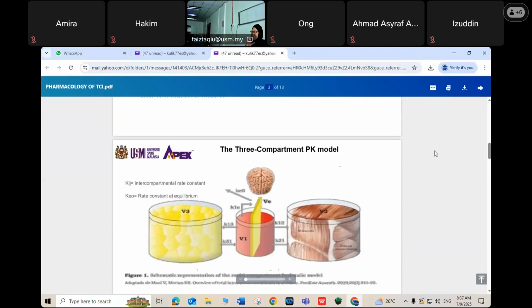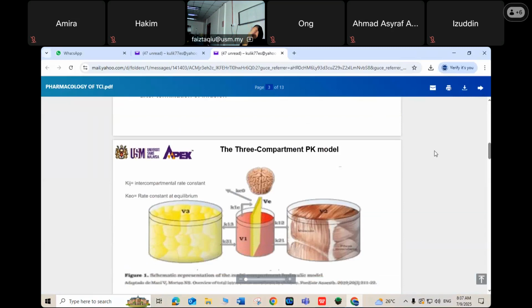And the V3 is, okay, fat, muscle, the poorly vascular group, right? Okay. So that KEO actually denotes the transfer to the effect site, E for effect. And O is not zero but equilibrium. So EO together is at equilibrium. So this rate is indeed constant.